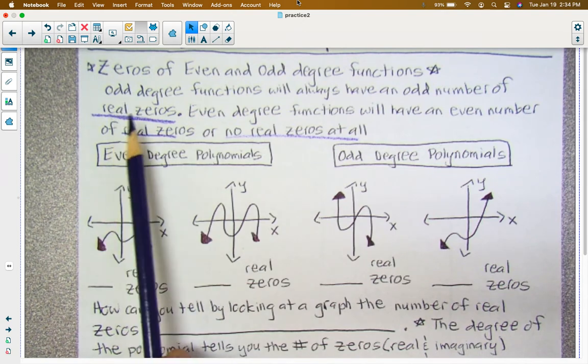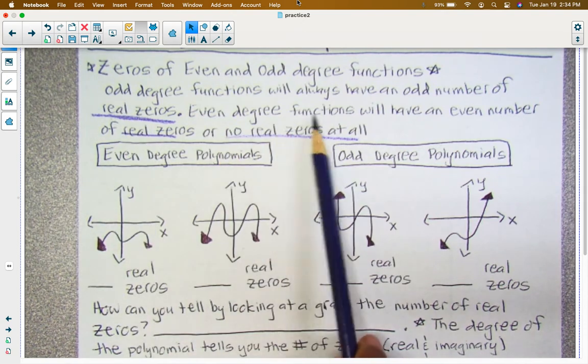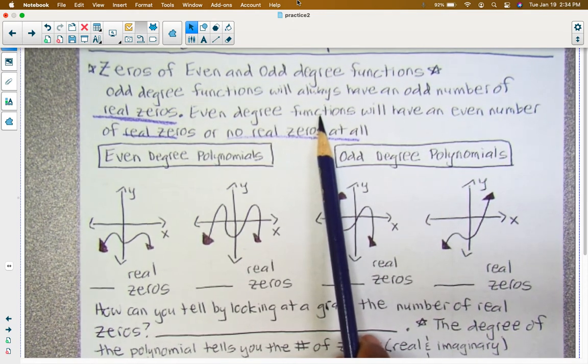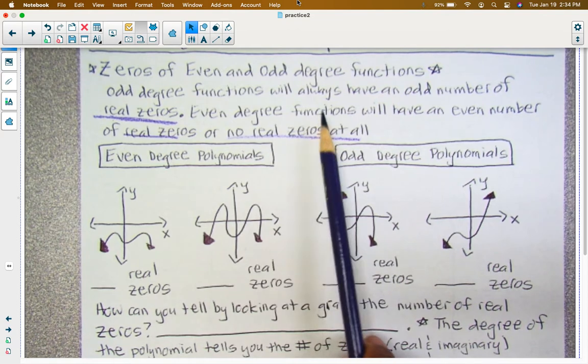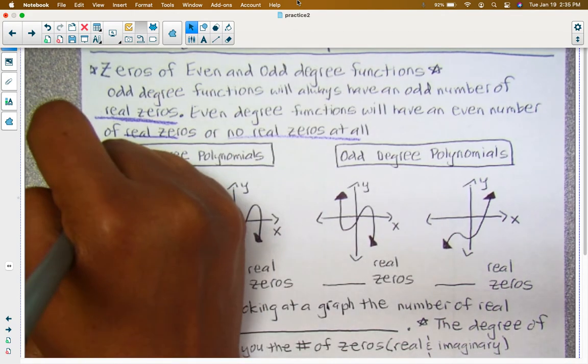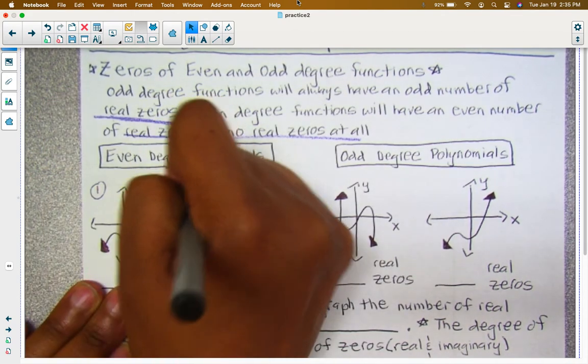Those are your real zeros. Even degree functions, which would be like degree 2, degree 4, degree 6, will have an even number of real zeros or no real zeros at all. So I have 4 graphs down here that we're going to go through and label how many real zeros there are.